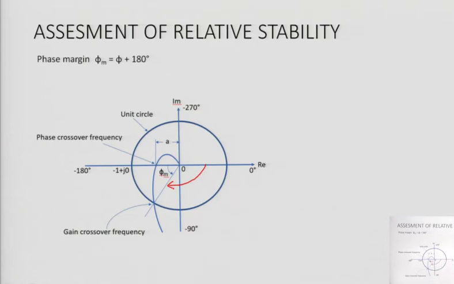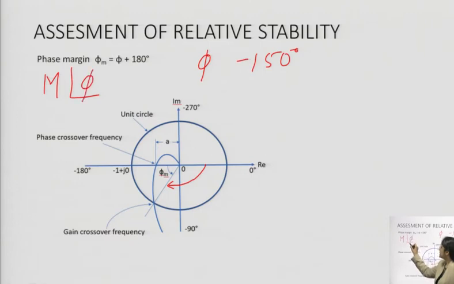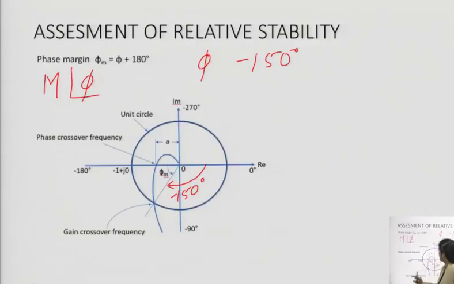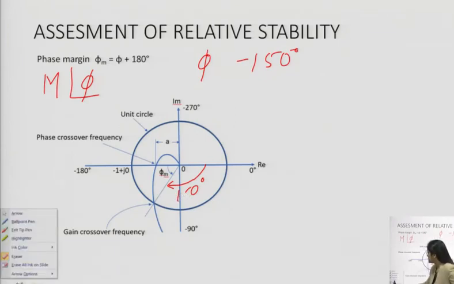For example, if we substitute s = jω and get G(jω)H(jω), we get a magnitude and phase, and if the phase angle is, for example, minus 150 degrees, it is in the clockwise direction here.